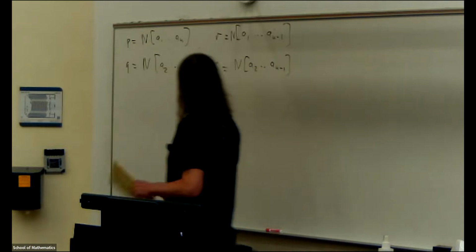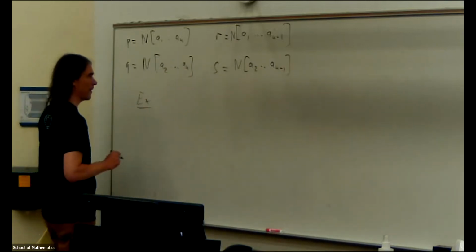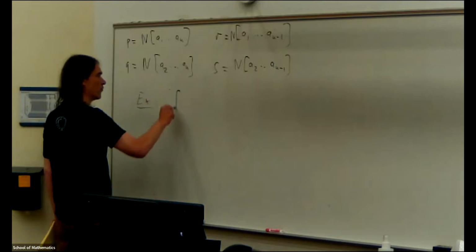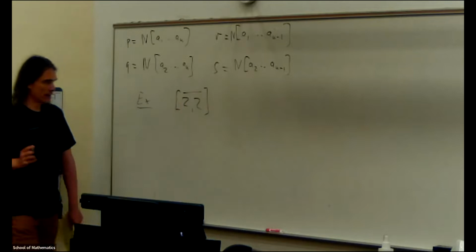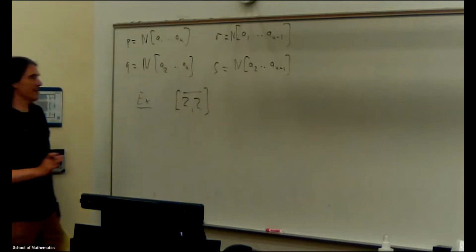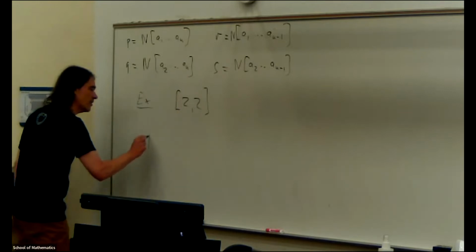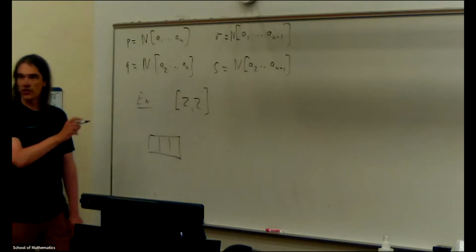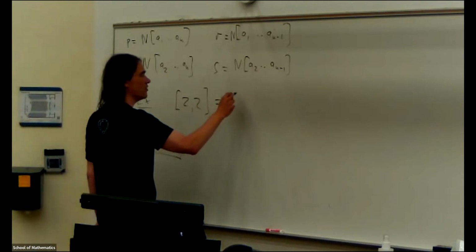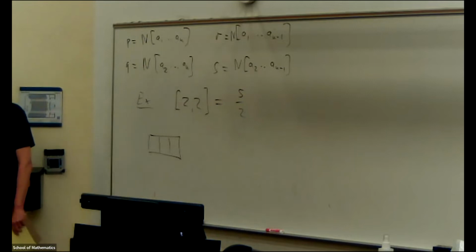So for example, let's do 2, 2 first. This is a snake graph which looks like this. If you compute this continued fraction, this is 5/2, and the snake graph has 5 perfect matchings.